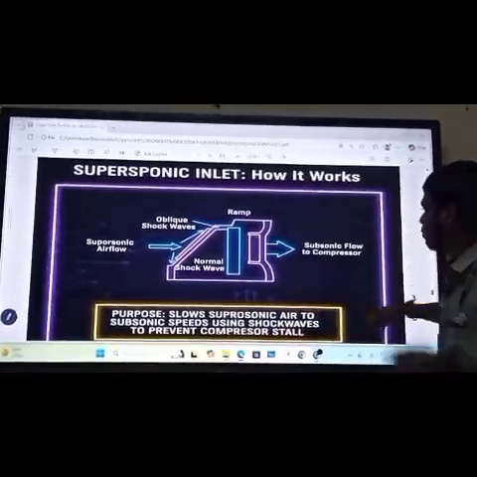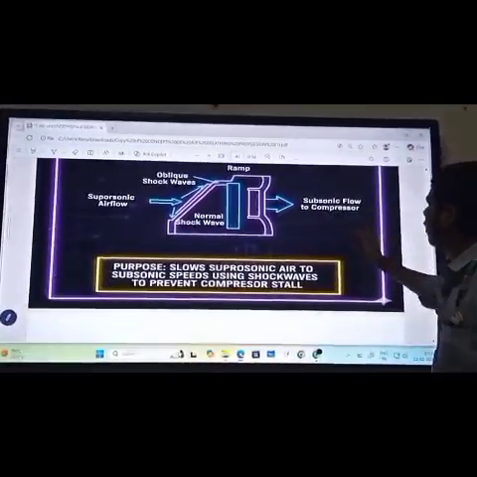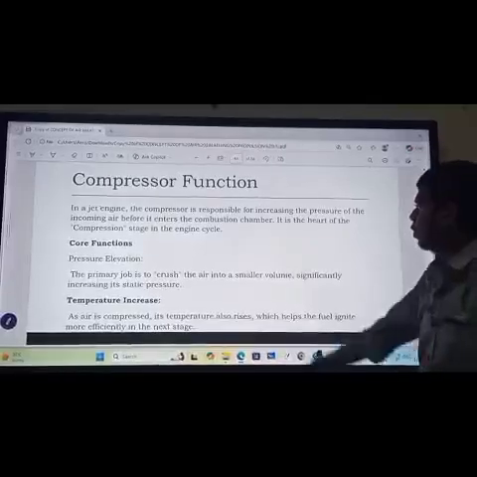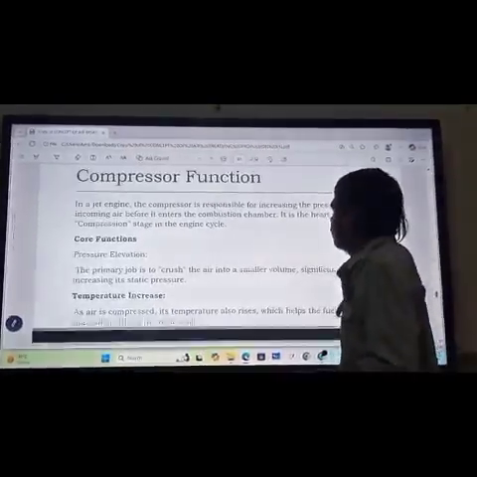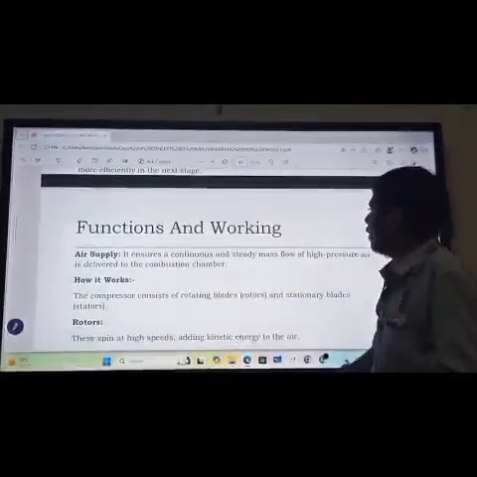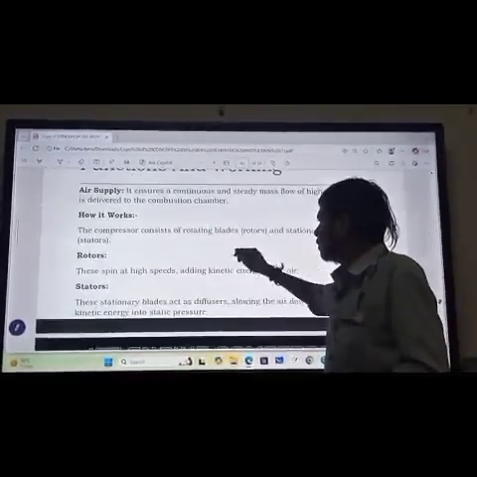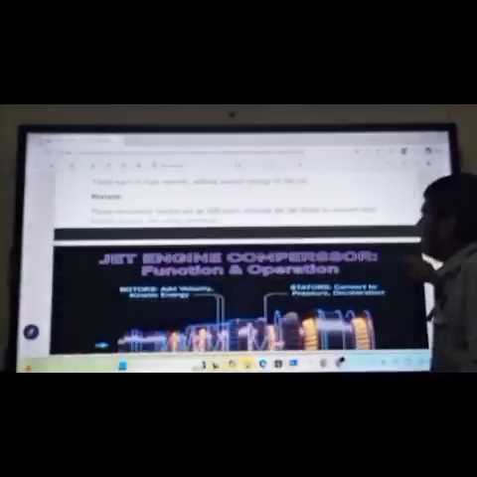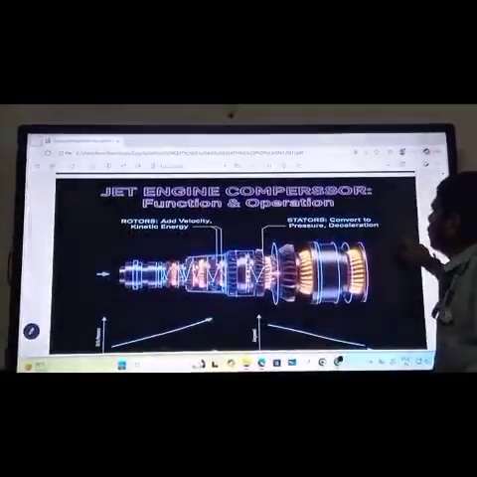We'll mention it in the diagrams. Compressor functions: core functions, temperature, air supply, rotors, stators. There are many points mentioned.